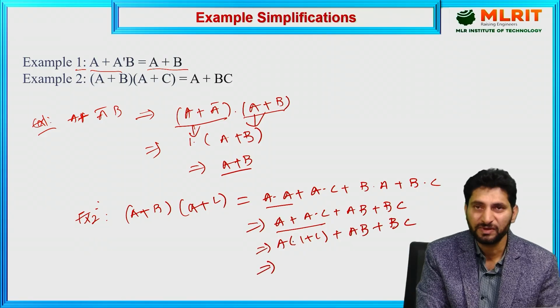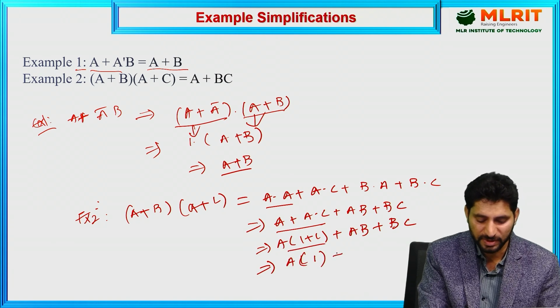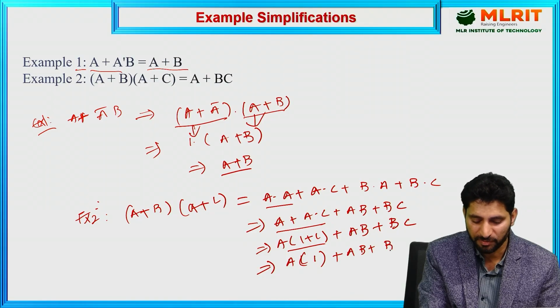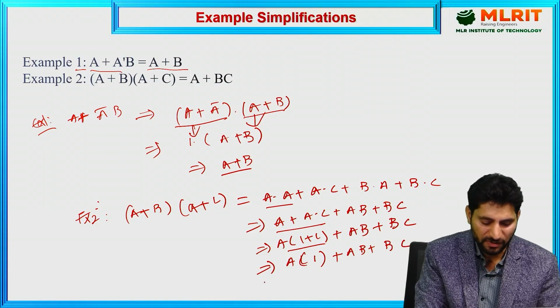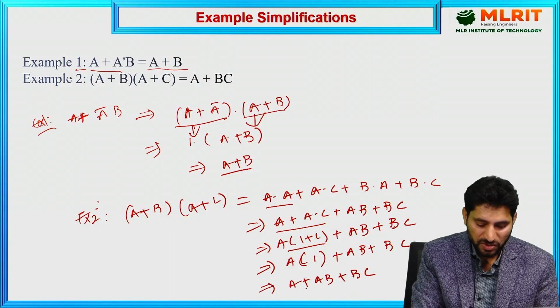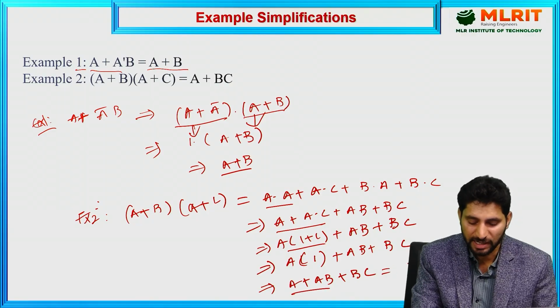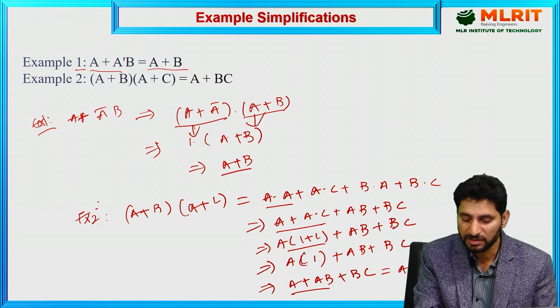Next, A into 1 plus C is nothing but 1 only as per property. Next, AB plus BC. So what we got here is A plus AB plus BC. From this I can take A again common. So what can I write? A of 1 plus B plus BC.